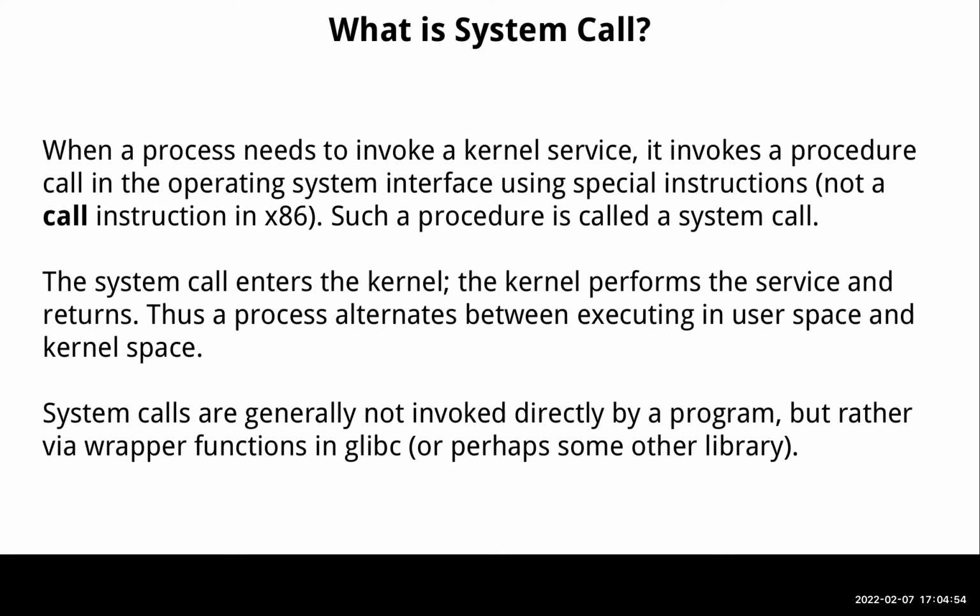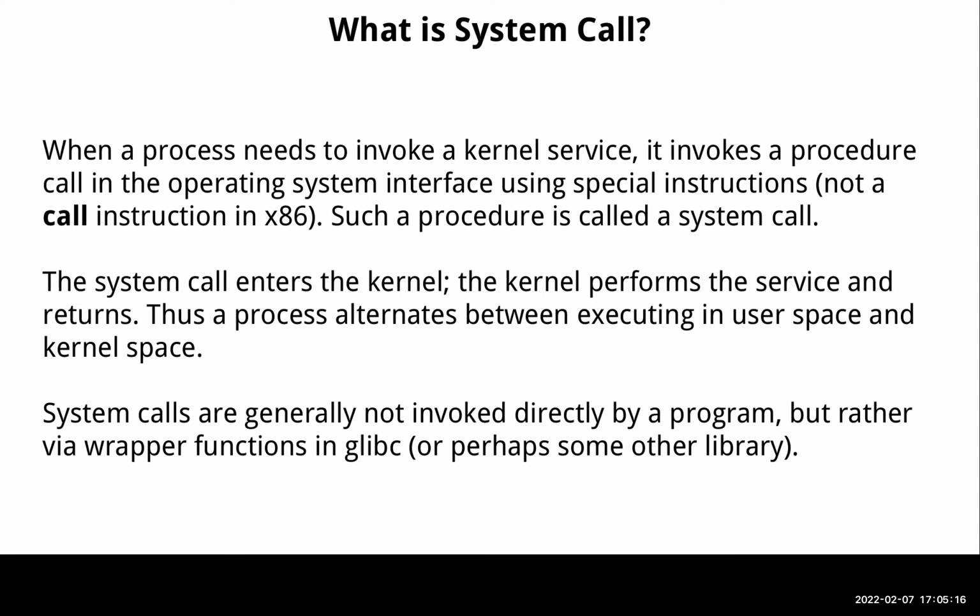Then it will return to user land. So the process alternates between executing in user space and kernel space. However, when you are executing in kernel space, it is not really running the process's code. It is code previously defined in the kernel.